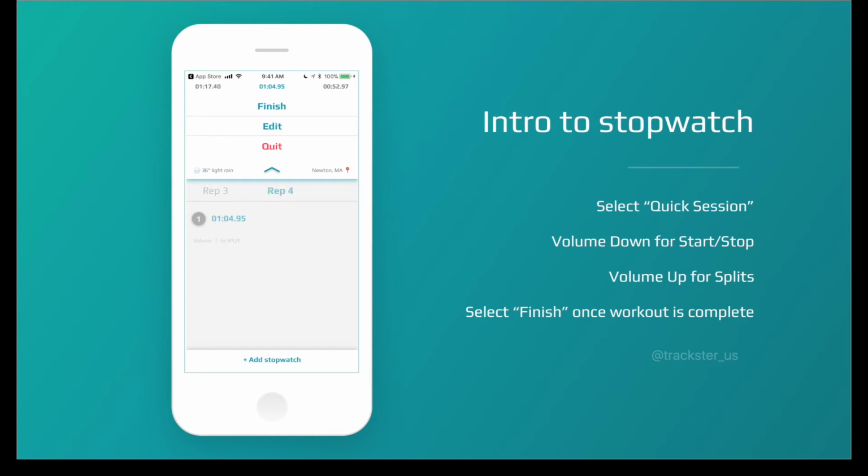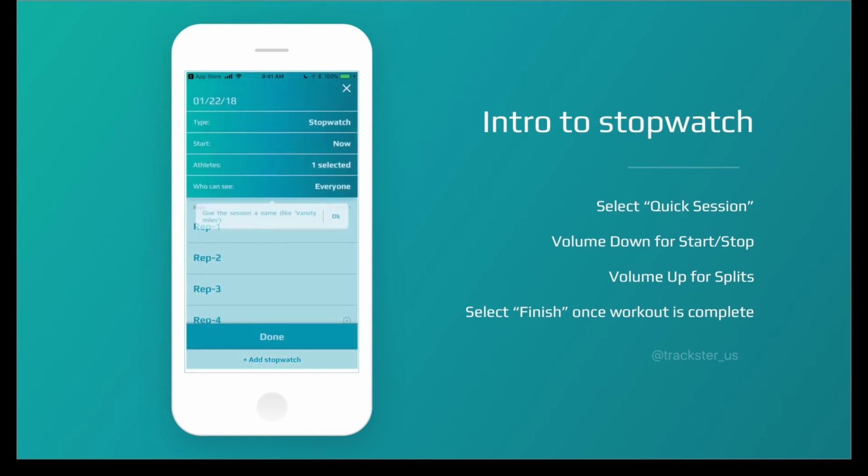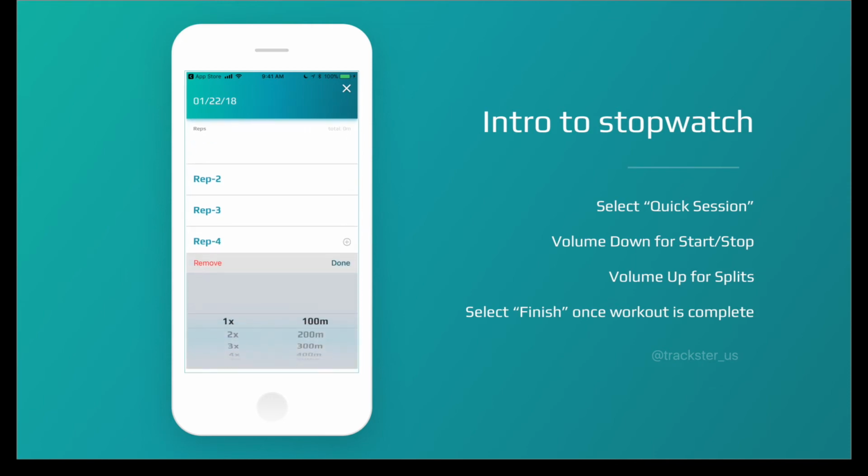Before I upload though, I want to show you another cool thing: you can actually edit the workout. I can click here on edit, and we can go through a quick walkthrough. You saw when we were timing, it kept saying rep then number. If you want to have the actual distance instead of just rep with number, you can click on the words and enter the distance you ran for that rep.